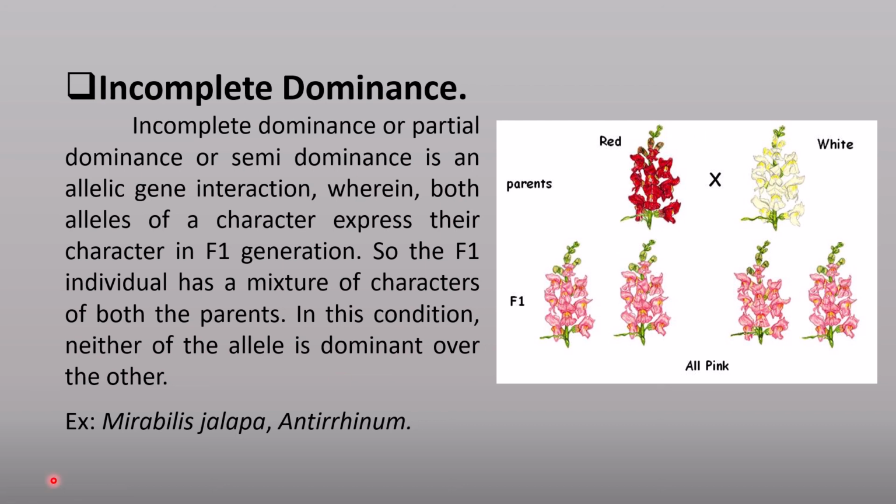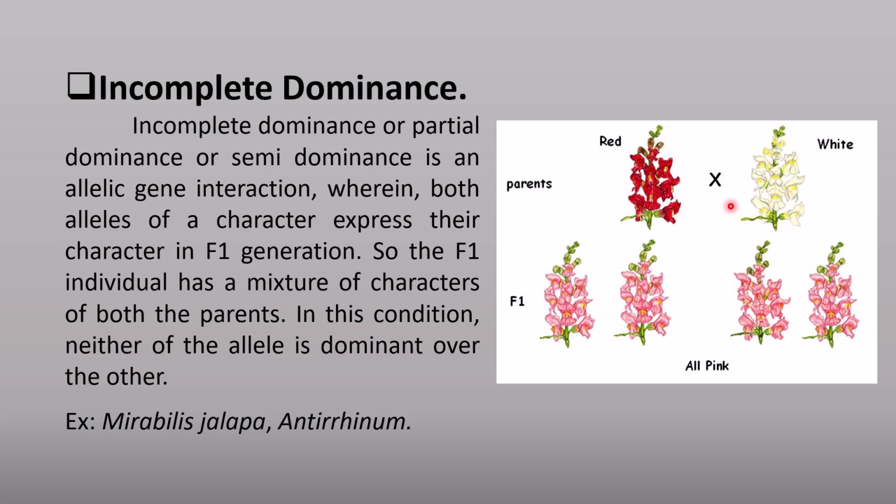This usually happens in Mirabilis jalapa, the four o'clock plant, and Antirrhinum, the snapdragon plant. In these plants, the flowers are of two different types. There is a plant that produces red colored flowers, and a plant that produces white colored flowers.